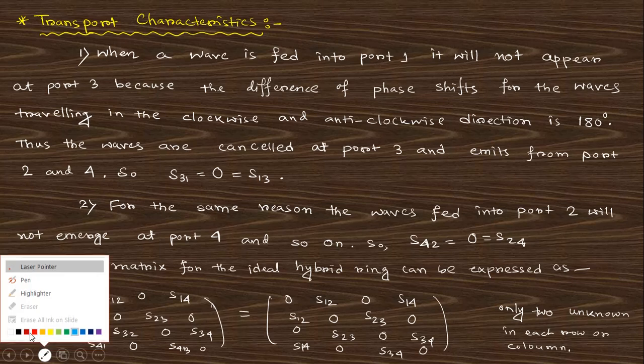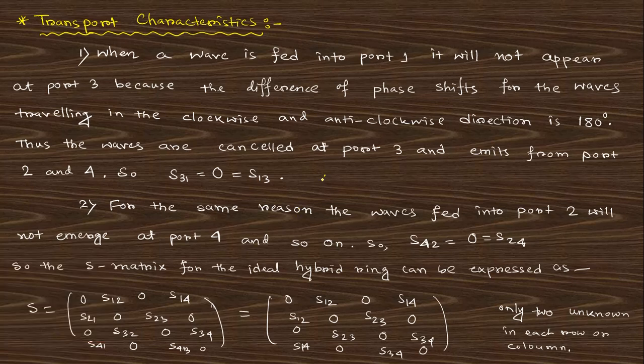This is by default: for matching, S11 equal to S22 equal to S33 equal to S44, these are 0.